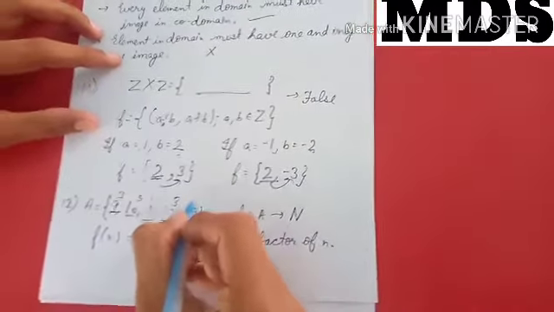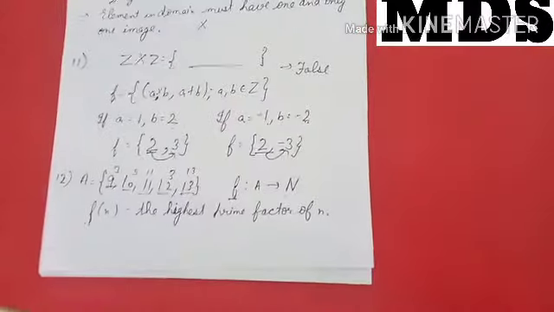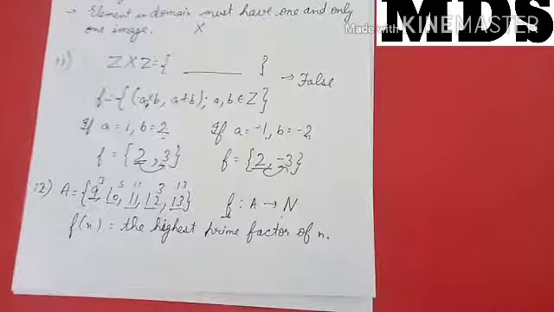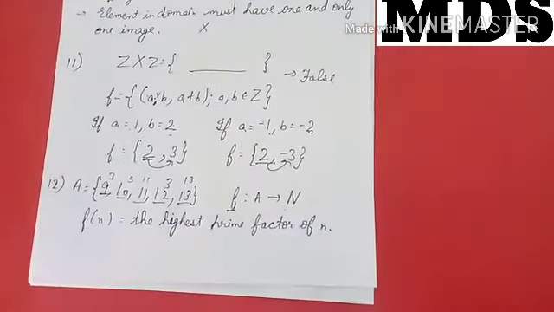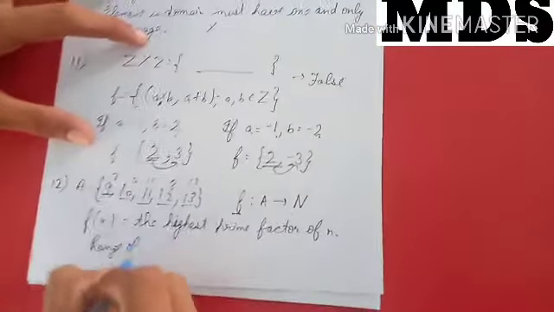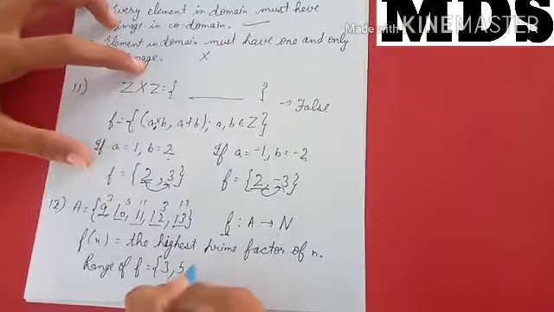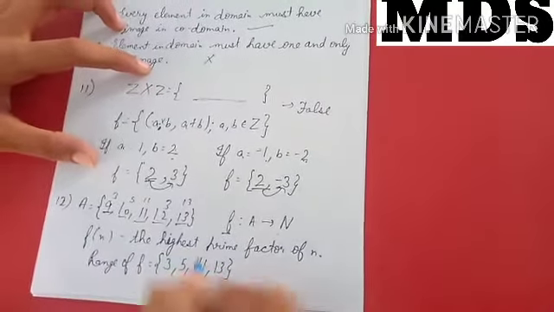And of 13, it is itself a prime number, so it will be 13. Now what will be the range? The range will be the results that we are getting. The range of f will be {3, 5, 11, 13}. So that is the result.